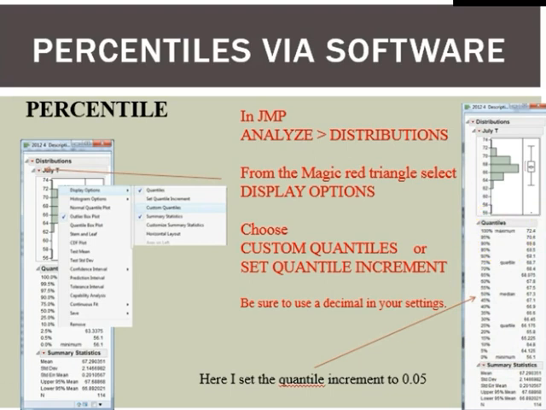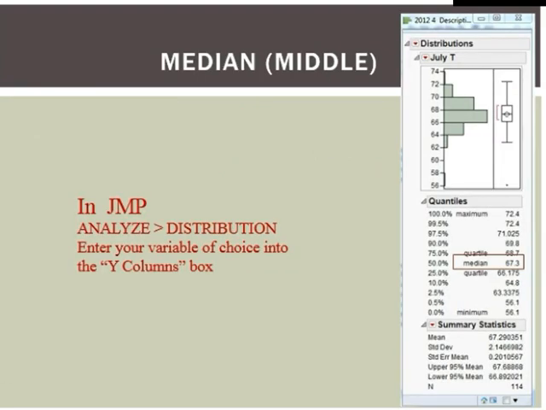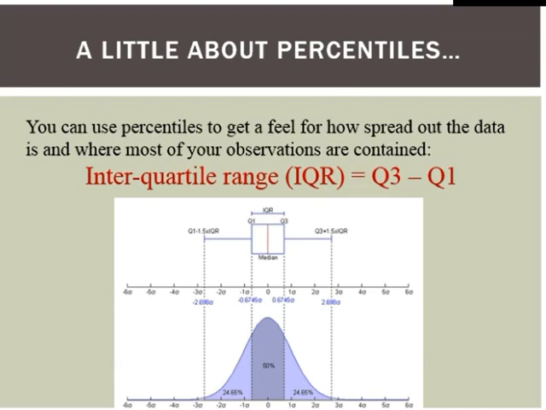So while we can pull out any specific quantiles we're interested in, JMP by default does give us some standard quantiles, right? And these are quantiles that are commonly used for other statistical applications, and one great example is in outlier detection. One common approach to identifying observations that might potentially be erroneous or at least are outliers based on the larger sample you've collected is to use what's called the interquartile range.